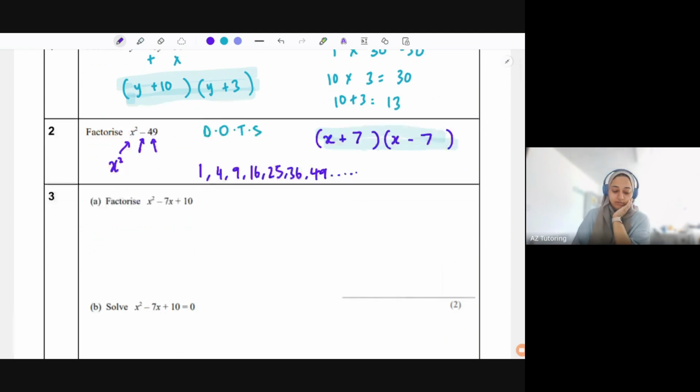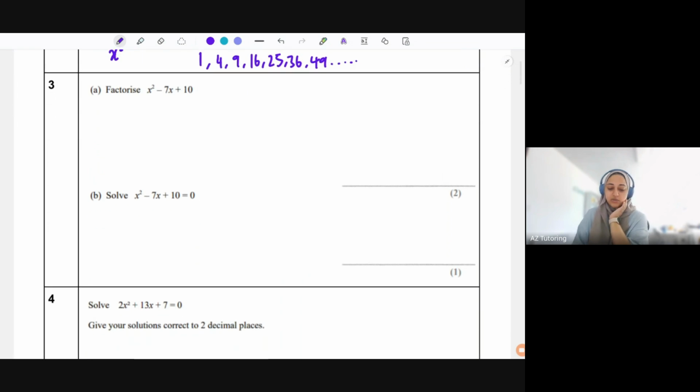Okay, moving on. Question 3, factorize x squared minus 7x plus 10. Again, we just need two numbers that times to give me 10 and add to give me minus 7. A trick here is you should notice that minus 7 is negative, whereas the two numbers that times to plus 10 is positive. So we'll need two negative numbers to be able to make minus 7, and two negative numbers times to also give plus 10. It won't be minus 1 and minus 10, because minus 1 add minus 10 is not minus 7.